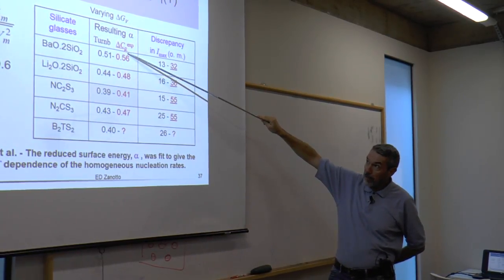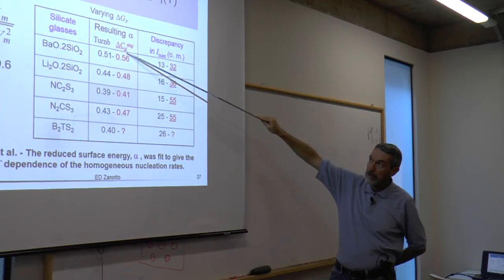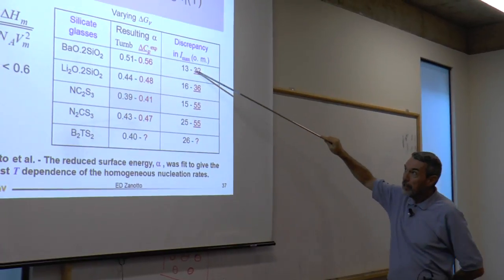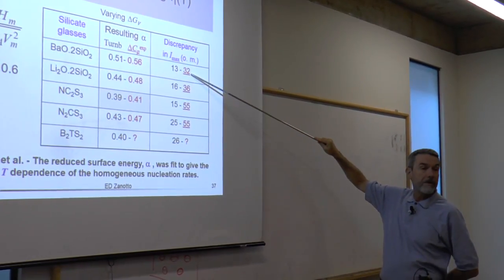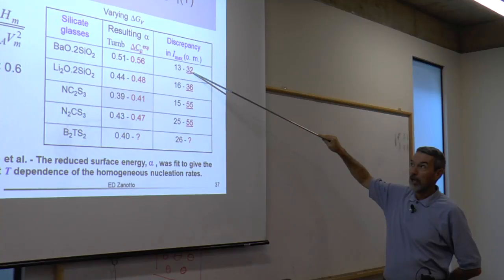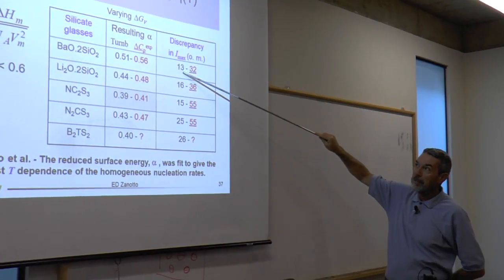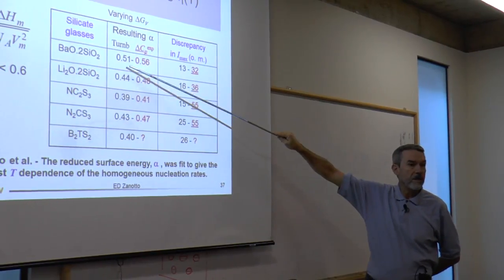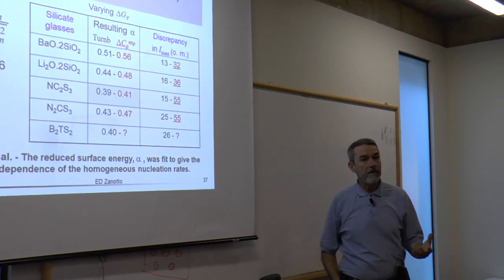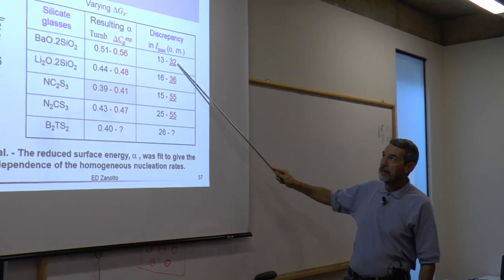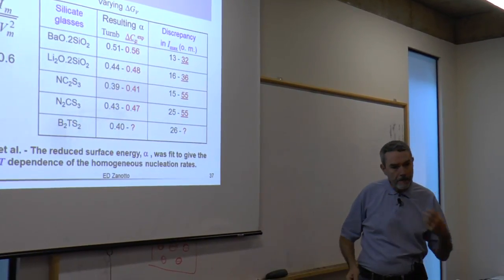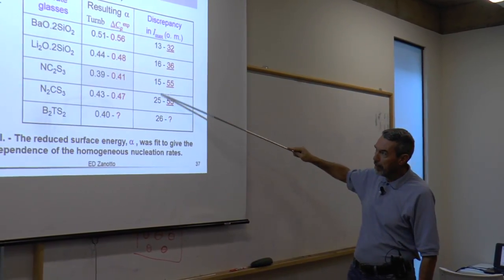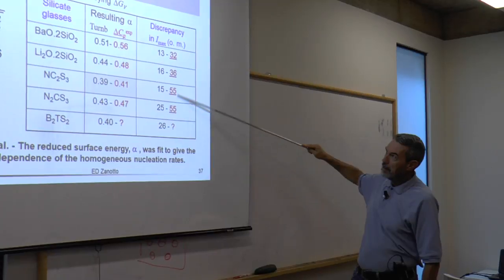We can really calculate the real delta G, and using the real delta G, we get these discrepancies which are larger than the discrepancies that you get when using the Turnbull approximation. To summarize this table, the numbers in red are more rigorous than the numbers in black. So the real discrepancies are somewhere here.